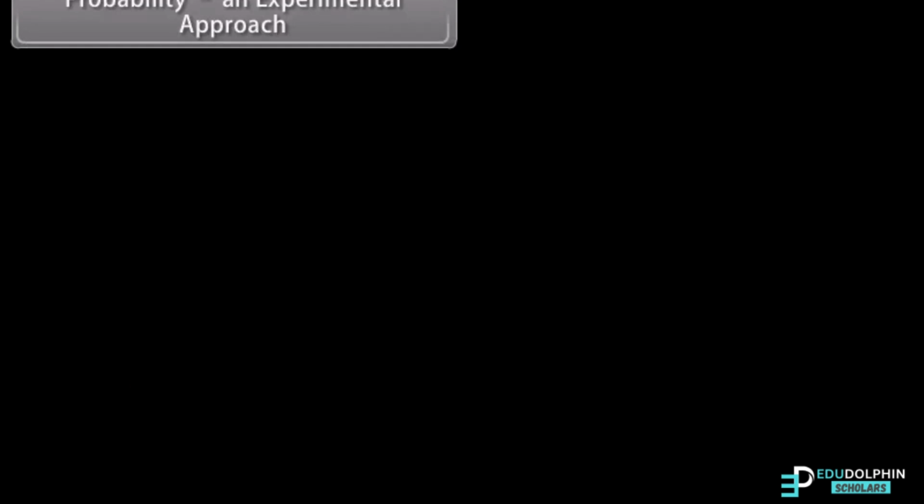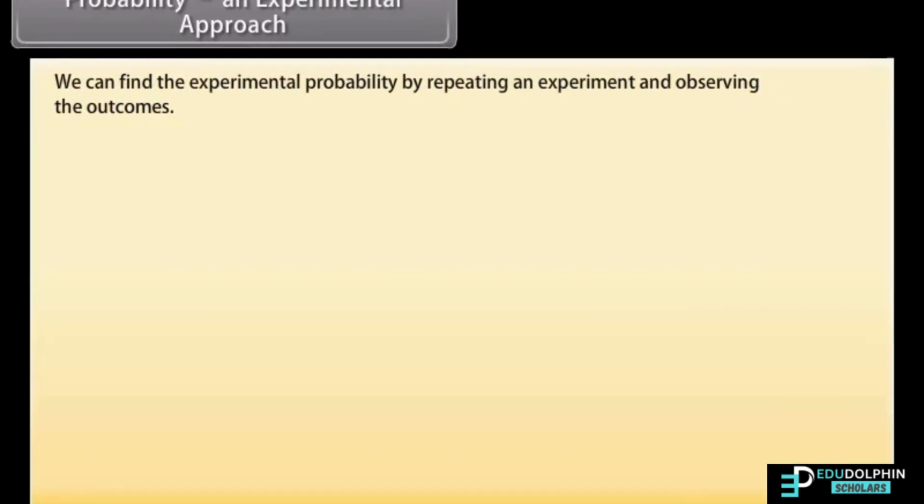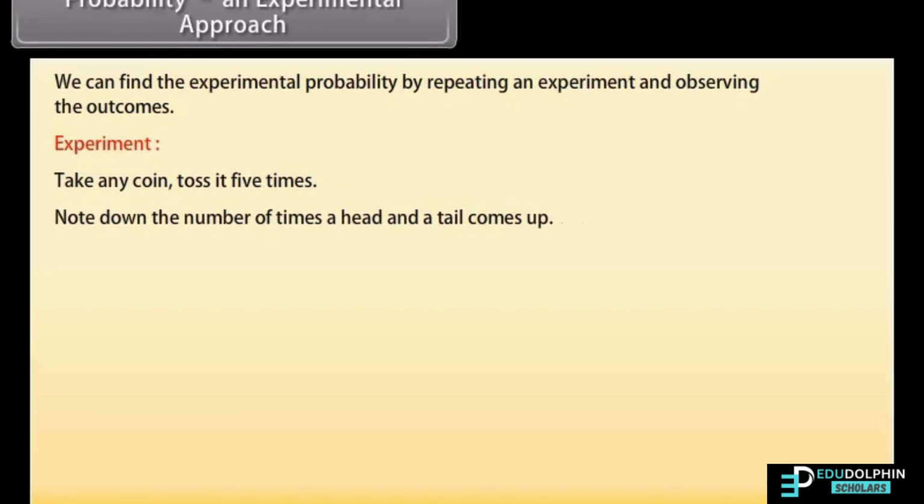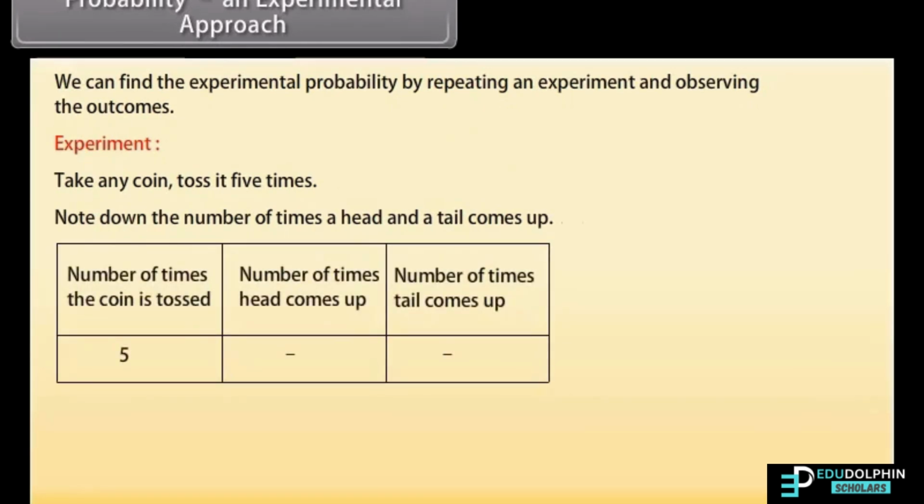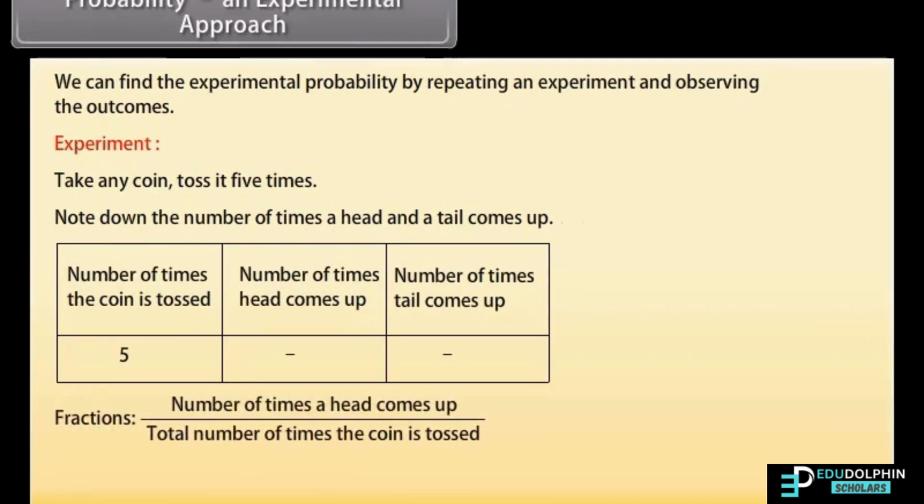Probability, an experimental approach. We can find the experimental probability by repeating an experiment and observing the outcomes. Let's do an experiment. Take any coin, toss it 5 times. Note down the number of times a head and a tail come up, and fill the given table. Then write the fractions.